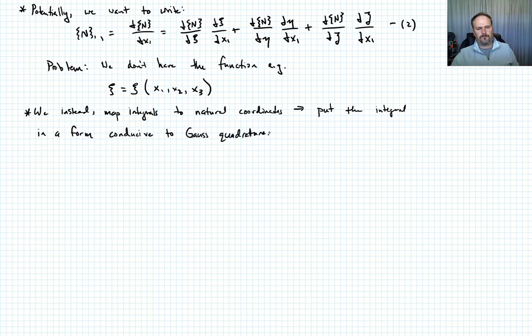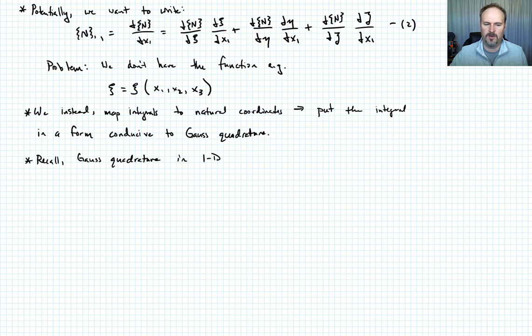Okay, so let me give you just a brief refresher of Gauss quadrature. Let's talk about it in 1D. Again, I'm assuming you've seen this before. Gauss quadrature in 1D requires the domain of integration be from -1 to 1.